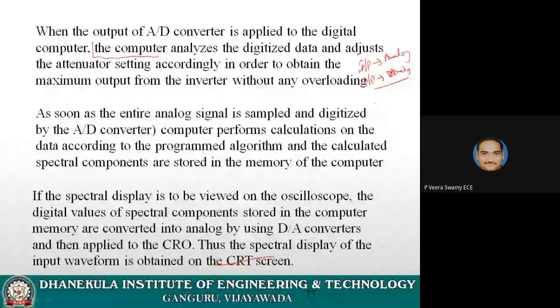In between we are using some digital transformation of data, some modifications by using computer programmed algorithms. That means using a digital computer we are performing this particular modification. So this is nothing but a digital Fourier analyzer. Please make it fast.